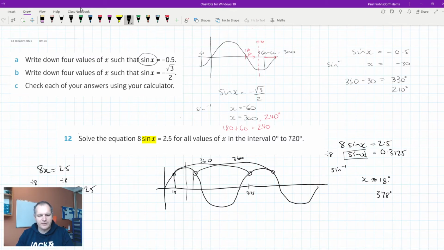The other one must be a mirror line. That mirrors that. So 180 minus 18 is 162. Remember the sketch. So we've got 162, and that's got the 360 jump. So 360 plus 162 is going to be 522. So there's my 4 solutions. The reason for 4 solutions is because it wants the interval 0 to 720.